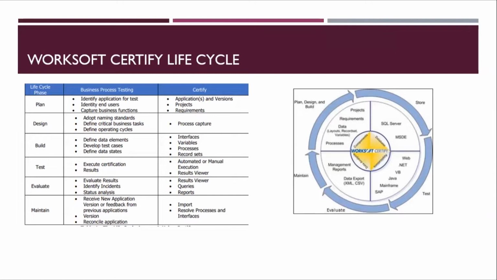In the plan phase, this phase will be maintained by the business analyst, and we get the requirements, what all the applications that we are going to test, and what are the sectors that we are going to test, and all the requirements will be gathered in the plan phase. And we have a design phase where we capture all the recordings, record and play tool, right?